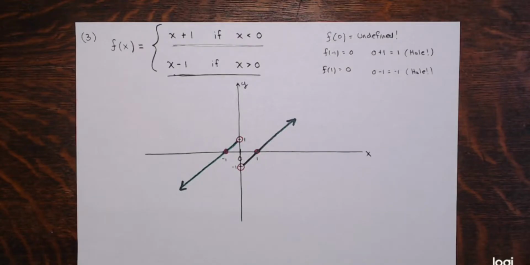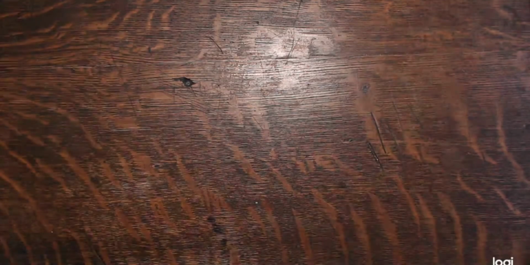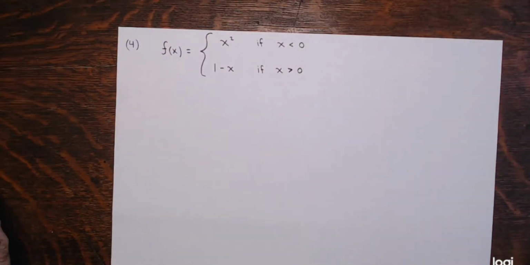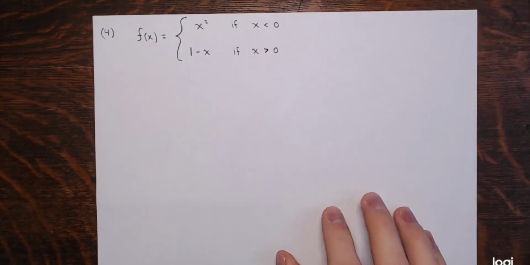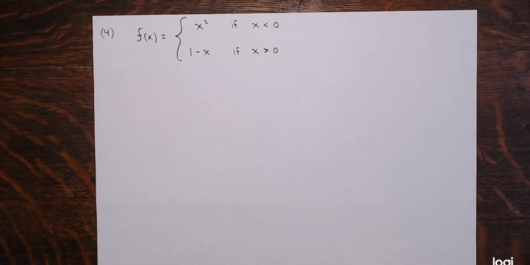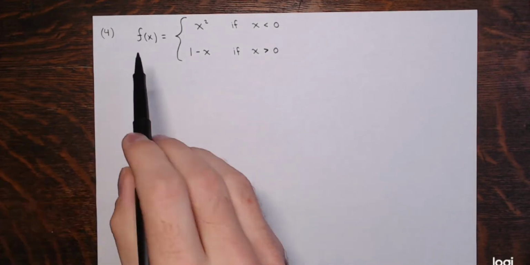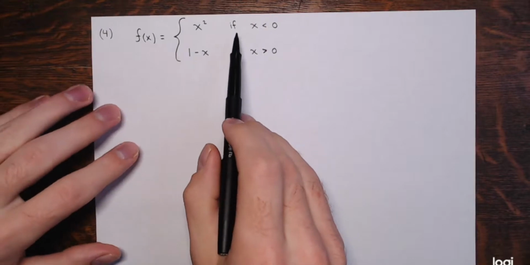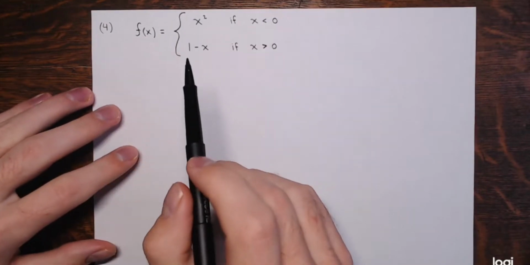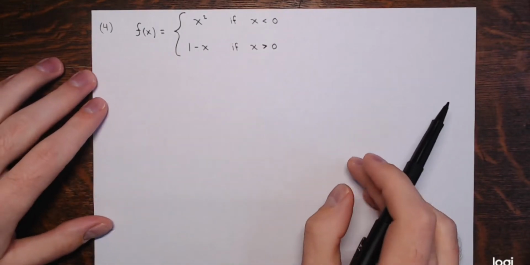All right, next example. Now one piece is a quadratic, that basic square function, y equals x squared, which you should know looks like a parabola. But it's only a piece of it. f of x equals x squared if x is less than 0.